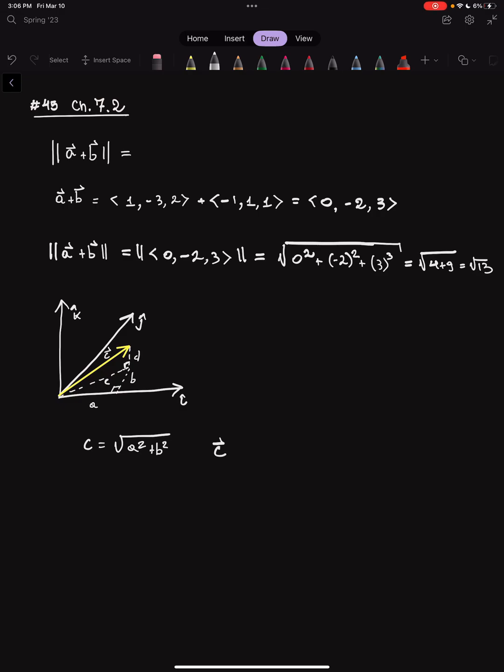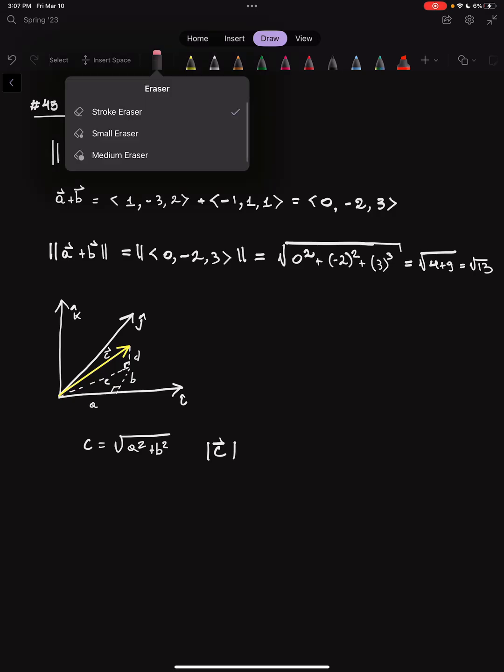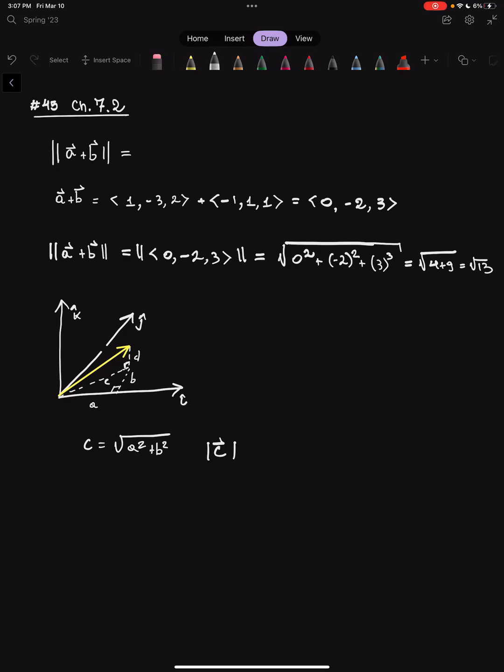And we know that the magnitude of, oh, I used C twice. So let's say the vector is actually called D vector. And the magnitude of the D vector right here, well, what is that magnitude going to be? Well, that's going to be the square root of C squared plus D squared.